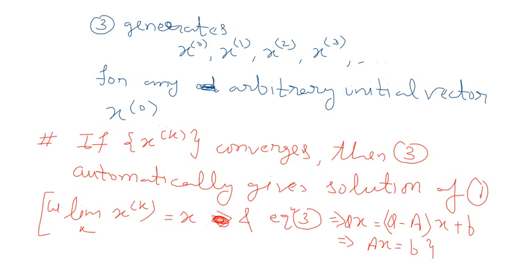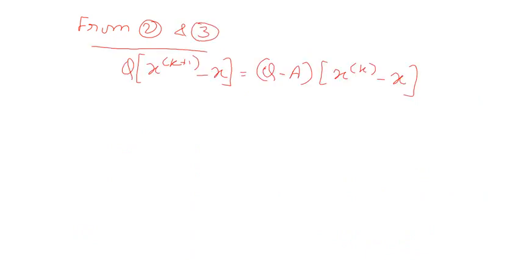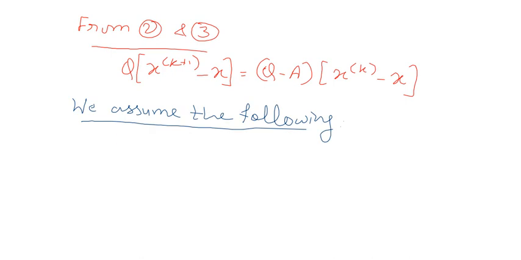So if this sequence converges, what will be the guarantee for the convergence of this generated sequence of approximations? From 2 and 3, we make the following assumptions. The first assumption is A is invertible, so that the system Ax equals b has a solution. The second assumption is Q is invertible.